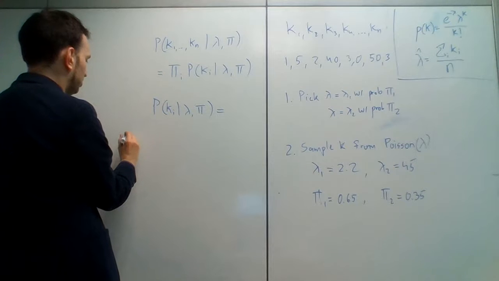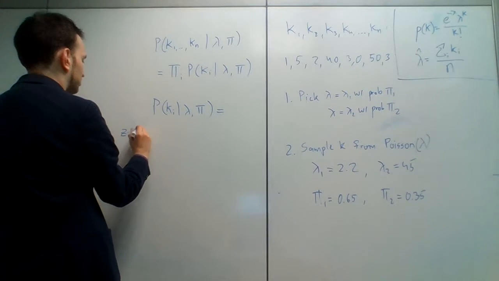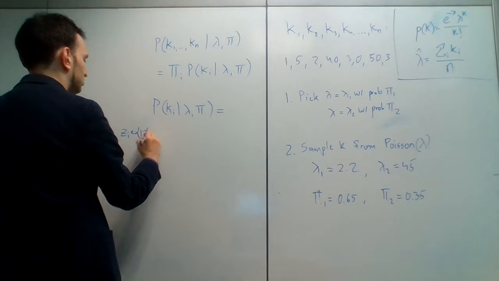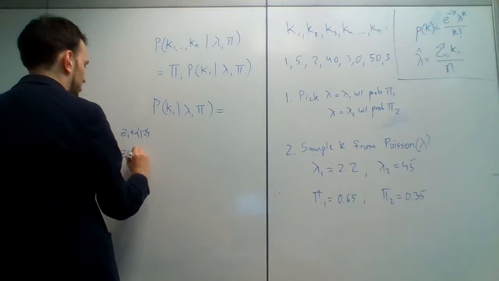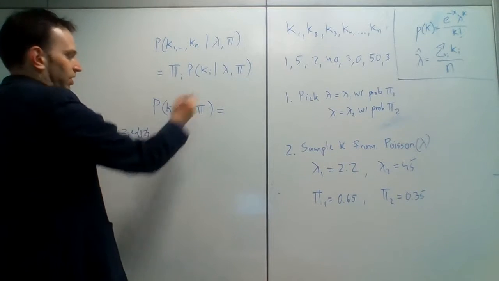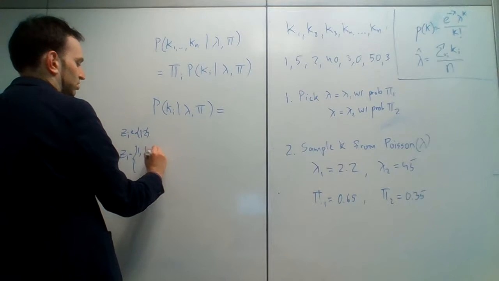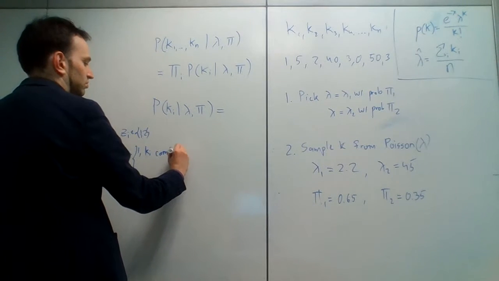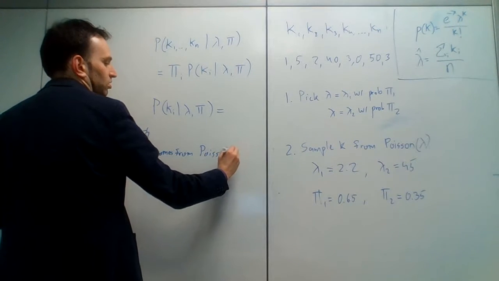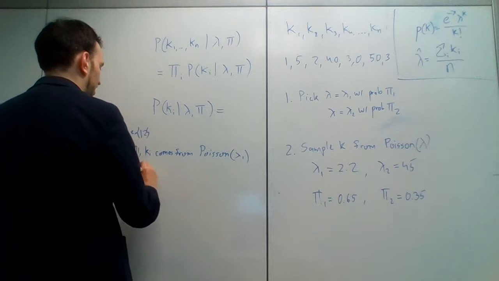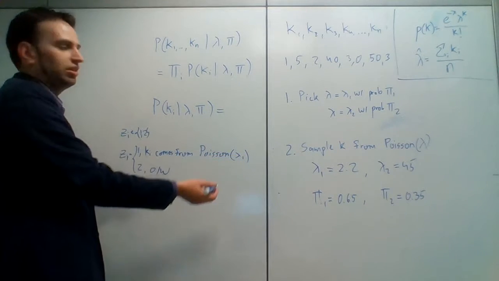We'll call it zi, and zi is going to be either 1 or 2. It's 1 if ki comes from Poisson lambda 1, and it's 2 otherwise, if it comes from Poisson lambda 2.